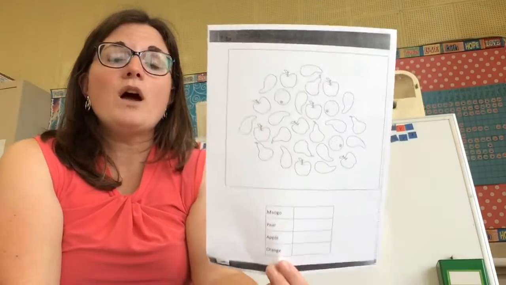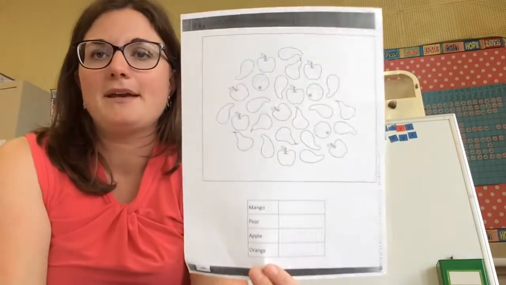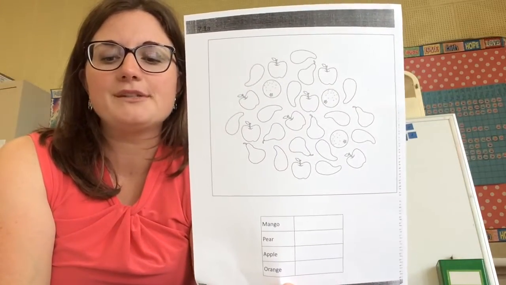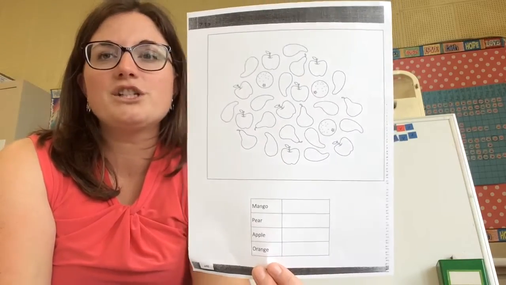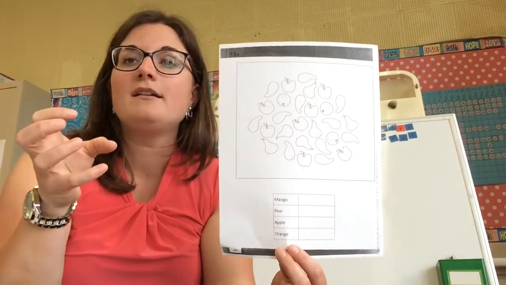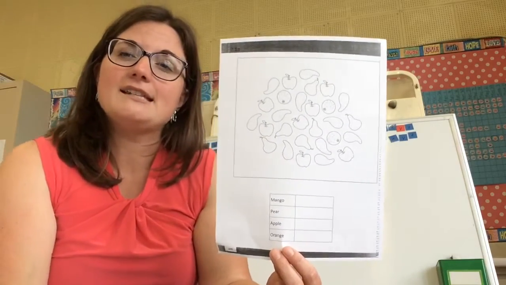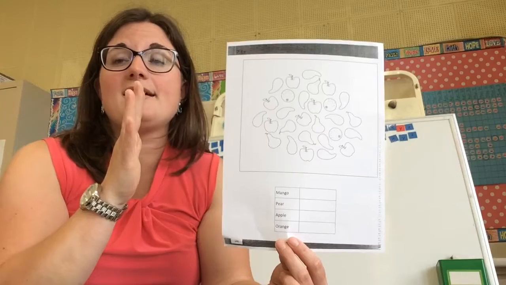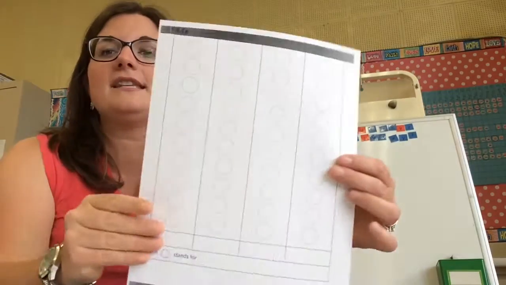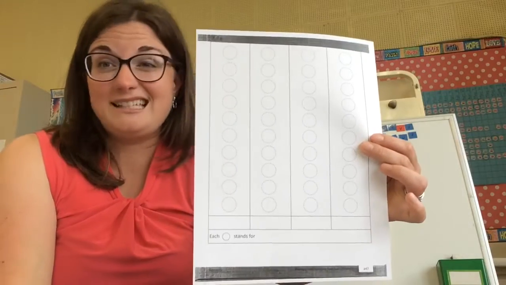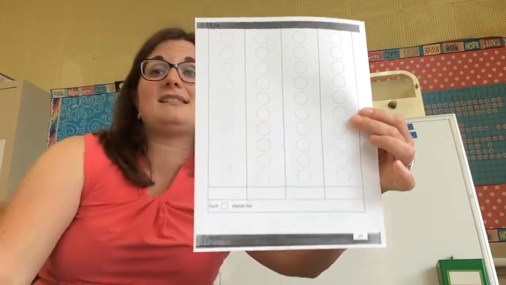Well, one way that we can organize things is that we can organize them by the type. So we can see that we've got apples and we've got mangoes and we've got pears and oranges. So we could organize them by their type of fruit. Another thing is if we organize them and put them beside each other, kind of like the circles on this page, we could clearly see which one we had the most of and which one we had the least of.